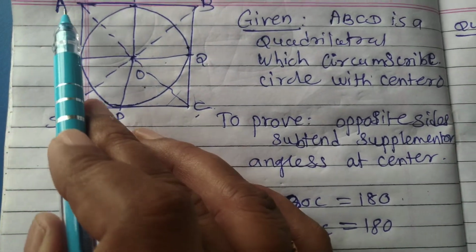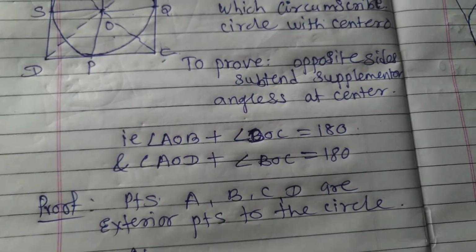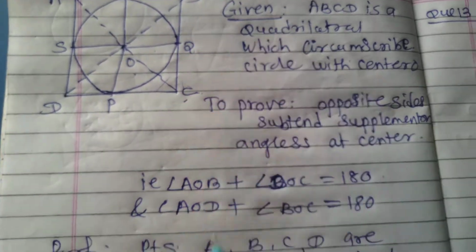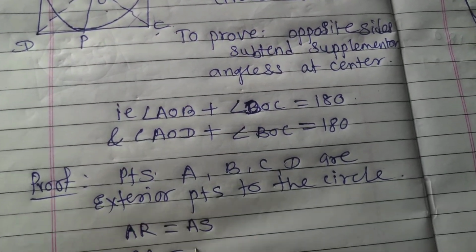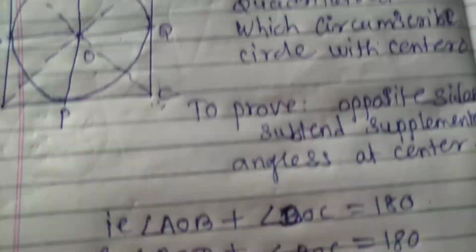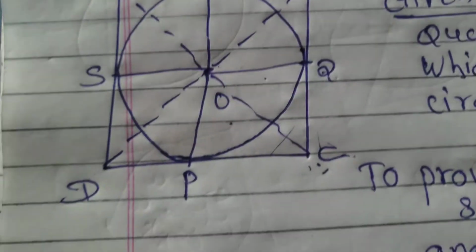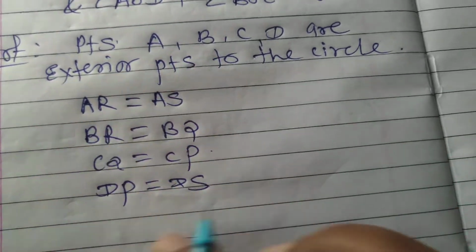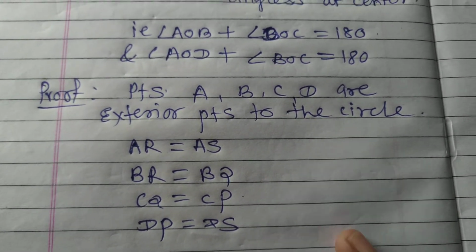Now from A, the tangent segments are AR equals AS. Similarly from B, BR equals BQ. From C, CQ equals CP. And from D, DP equals DS. All these segments are equal because these are the tangent segments from exterior points.